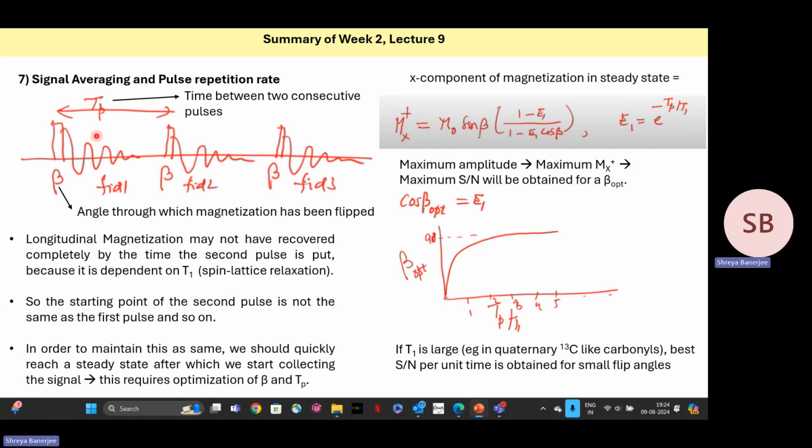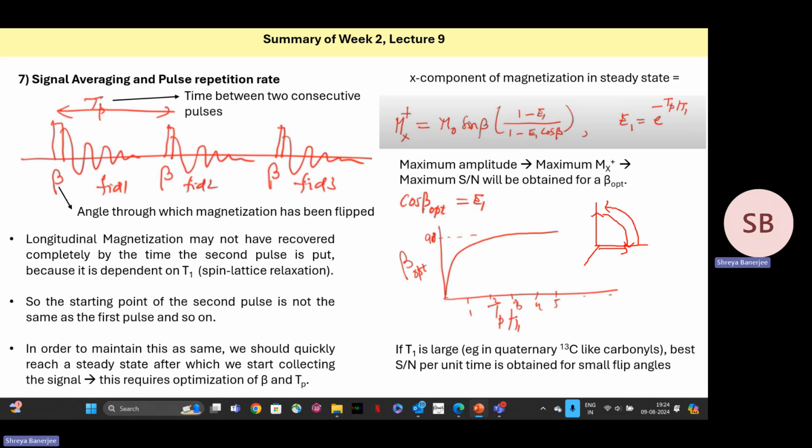Now, suppose we have put a 90-degree pulse. We know that when we put a 90-degree pulse, the magnetization comes down from the Z into the Y direction, and then slowly the magnetization goes back.